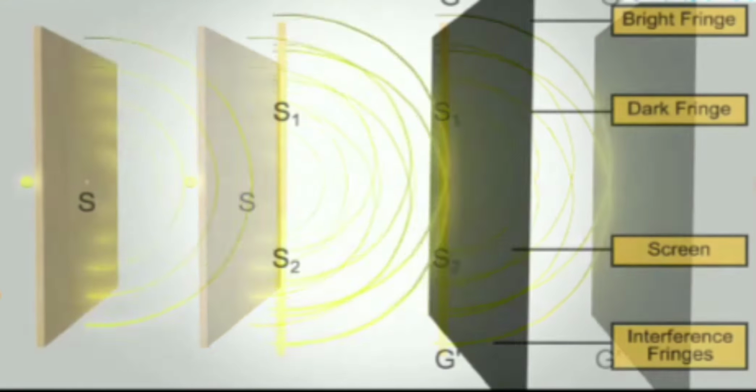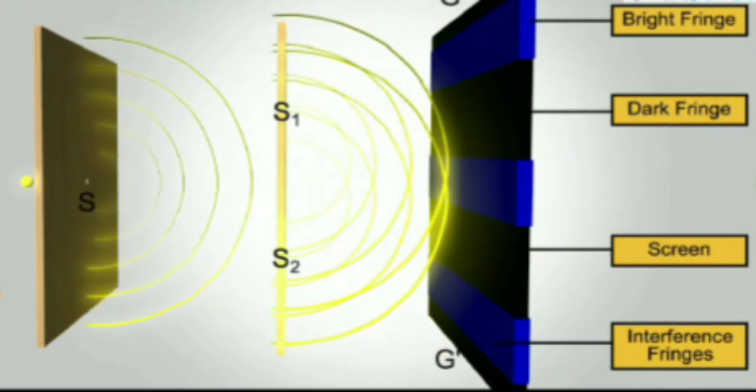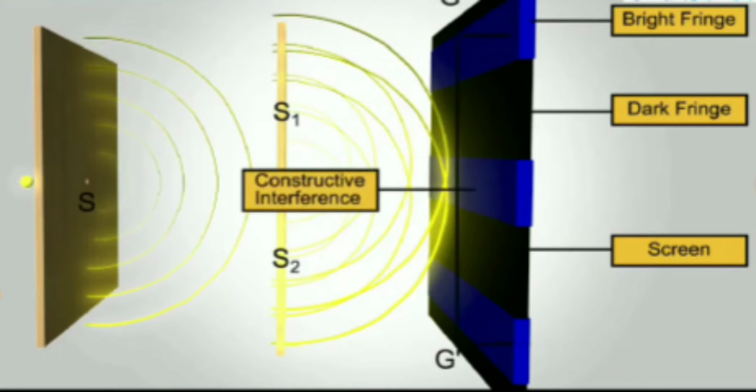They form a series of bright and dark bands called interference fringes on the screen. The bright bands correspond to constructive interference of light, and dark bands correspond to destructive interference of light. Let's now study the interference pattern in detail.